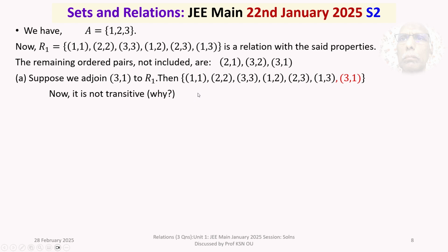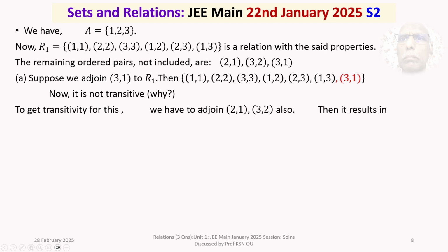Okay, what I will do is, I want to get transitivity for this. We will adjoin to R1, because once I put (3,1) and I want transitivity, you need (2,1) and (3,2). So we will adjoin that there.